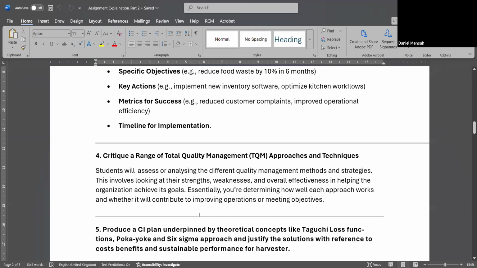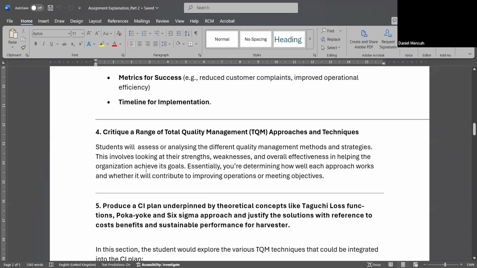Okay. And you will determine how well each approach works, whether it will contribute to improving operations or meeting objectives. Okay, so you need to add this point also in your critique. Even you can discuss from this perspective also, if Harvester is using any technique but that technique is not working well, you can even comment on that one.